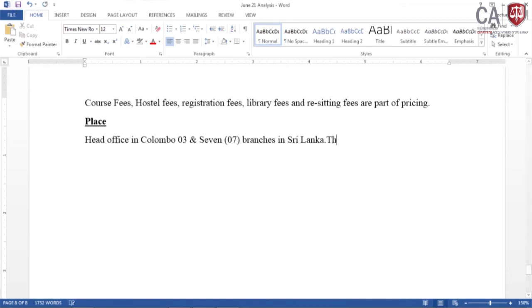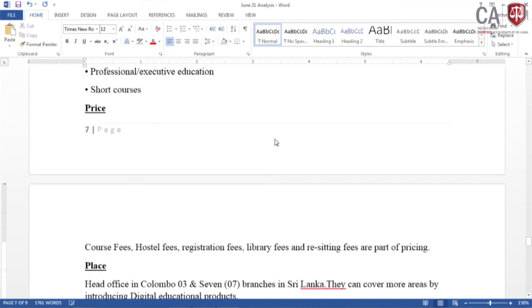What they can do, they can cover all over the world. No? They can cover more areas by introducing digital product, digital educational products. Right, that is one option.